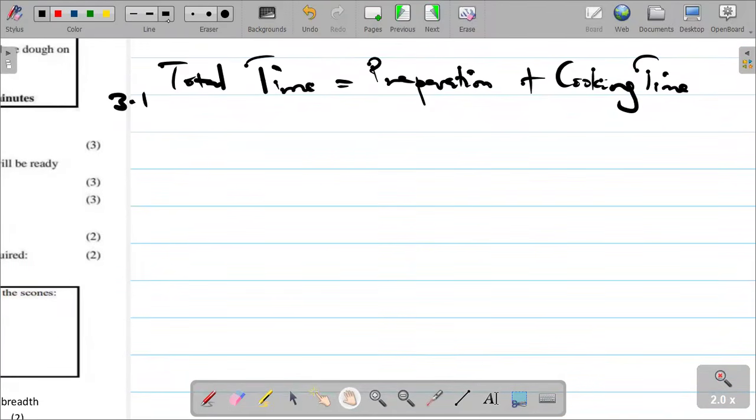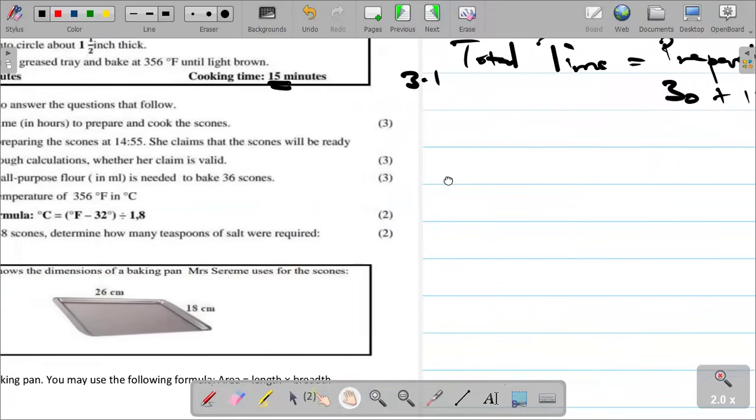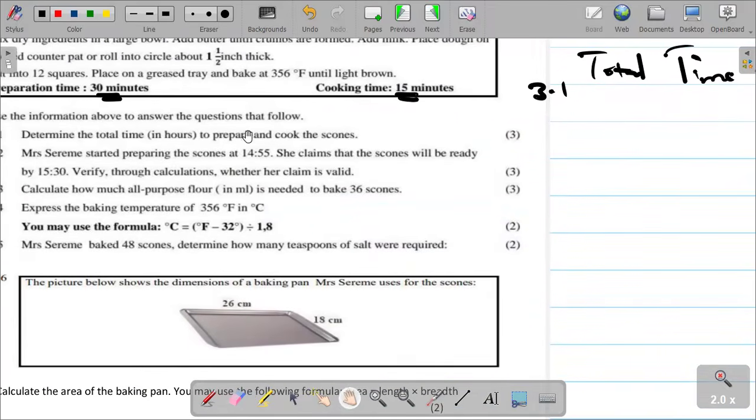So preparation time is 30 minutes plus 15 minutes, which is going to give us 45 minutes. But the question is saying, give your answer in what? The question says, determine the total time in hours.